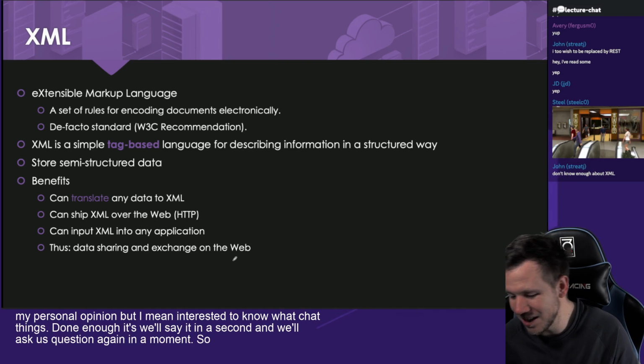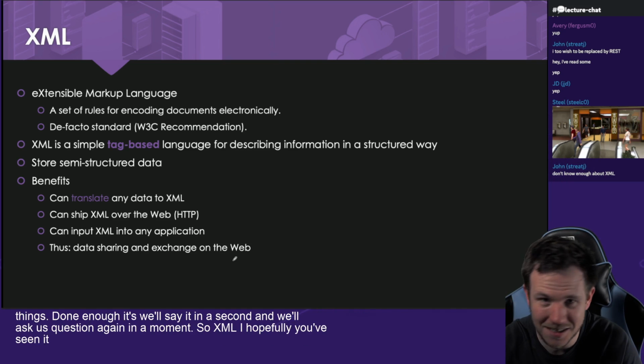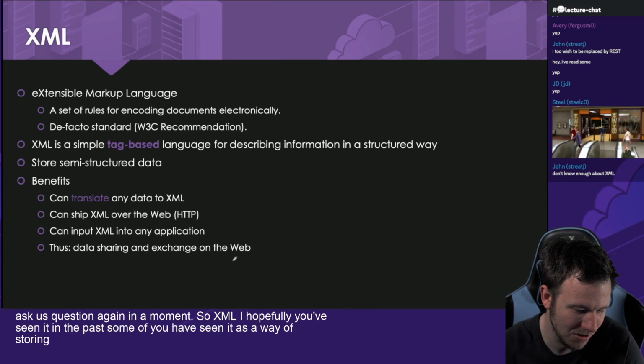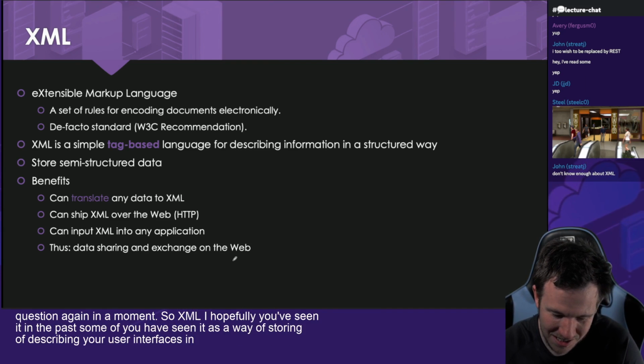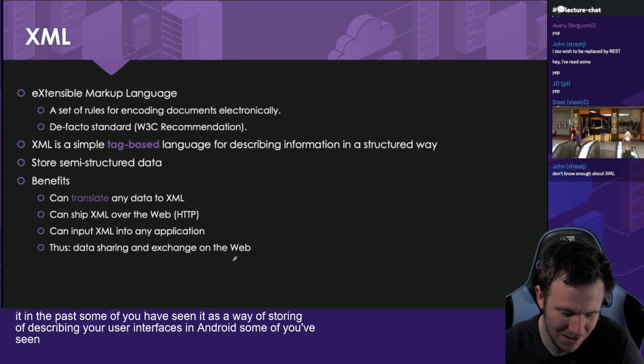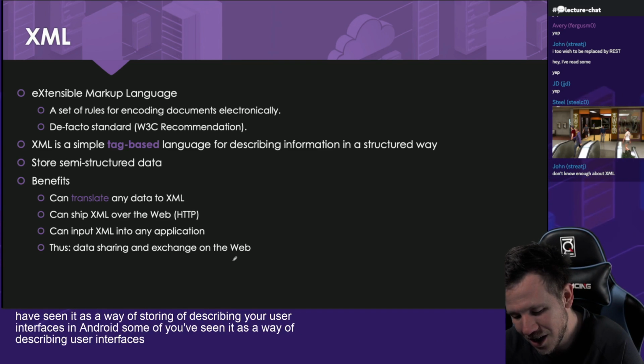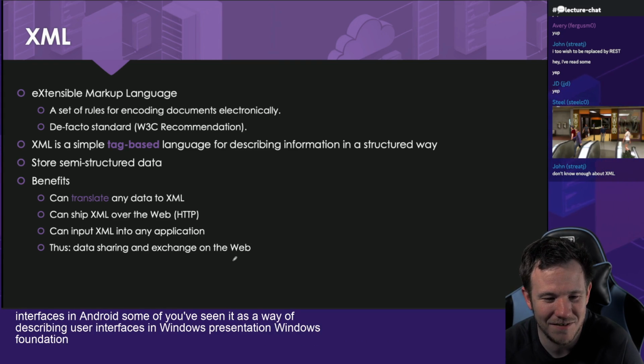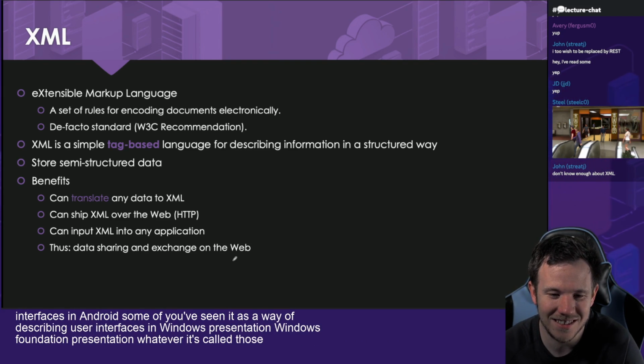So XML, hopefully you've seen it in the past. Some of you have seen it as a way of describing your user interfaces in Android. Some of you have seen it as a way of describing user interfaces in Windows Presentation Foundation, whatever it's called. Those forms that I don't use because I don't write Windows apps.